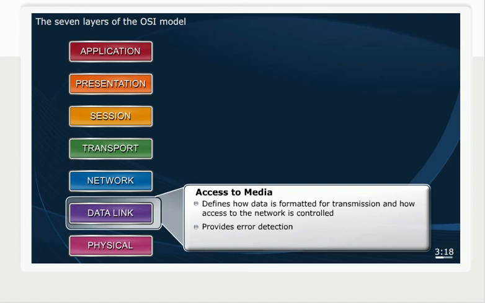Now, we're going to find a specific device at this data link layer. It's going to be a switch, our layer 2 switch. Not the multi-layer switch we talked about. The multi-layer switch, that's at the network layer. At layer 2, we find that layer 2 switch.